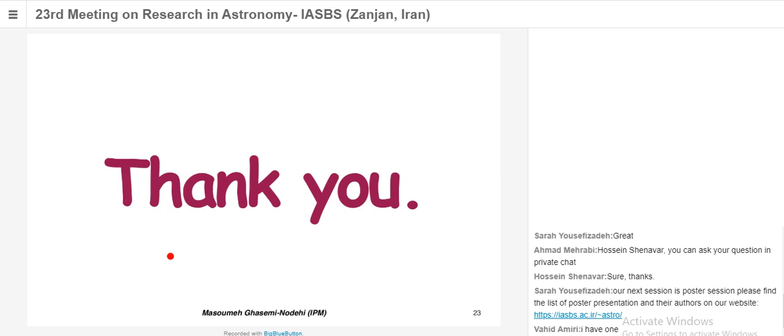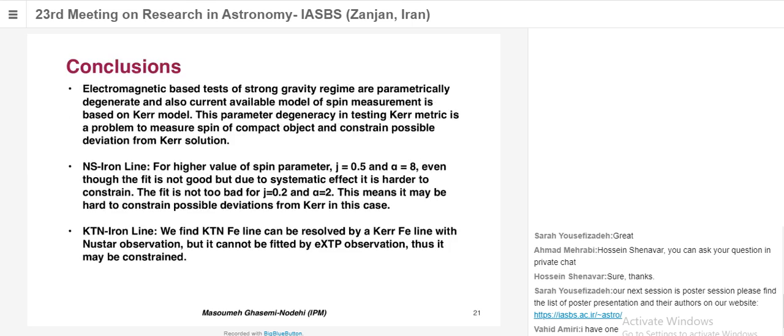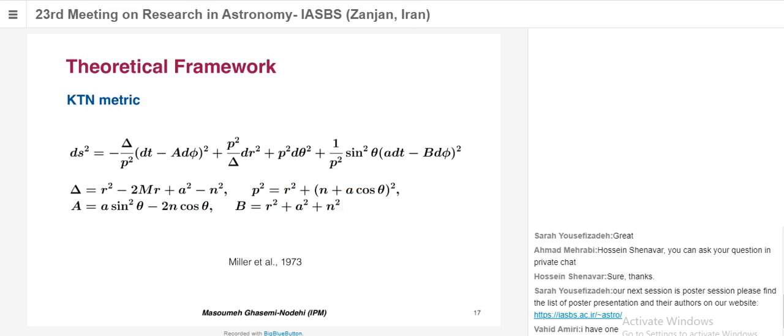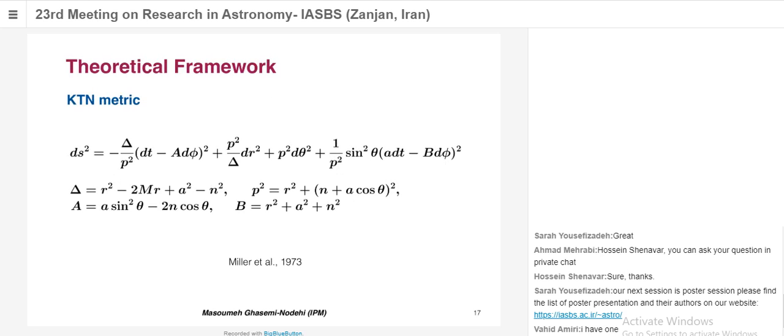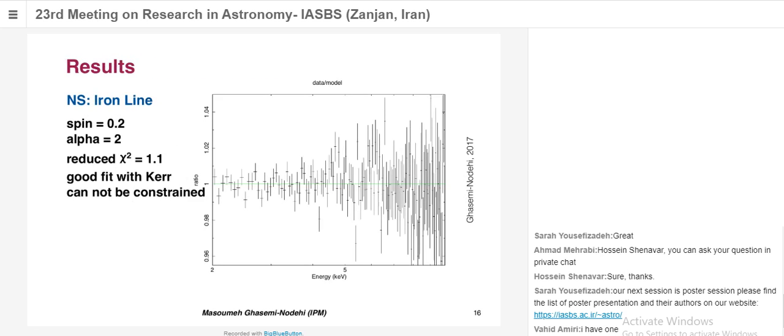I'm wondering about slides number 14 to 18. It seemed that the wide range of error bars in comparison with the data points results in good values for reduced chi-squares.